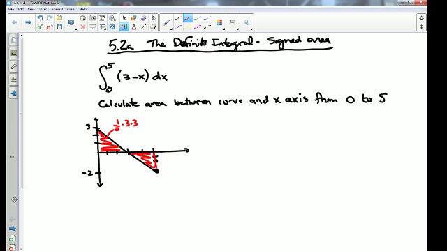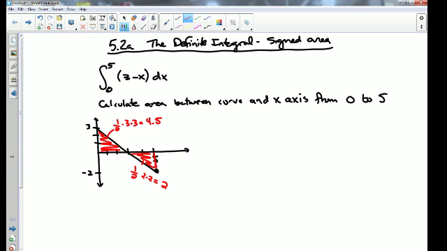So 4.5. What's the other one? Two. Okay. Here's what you have to be careful about when you calculate area.